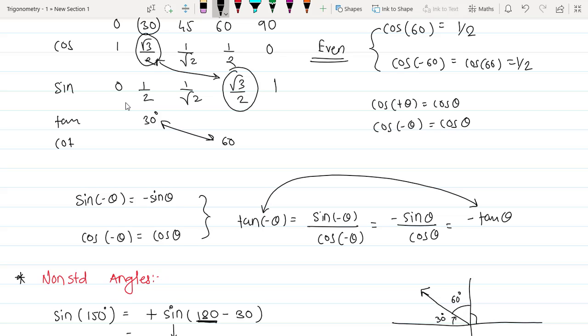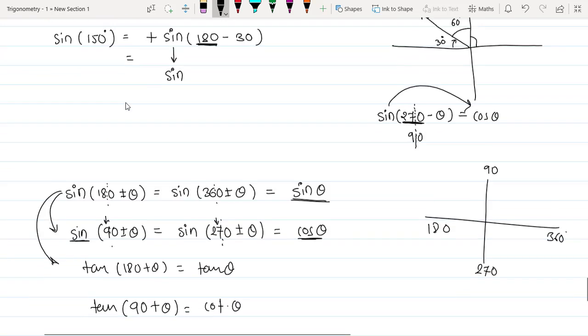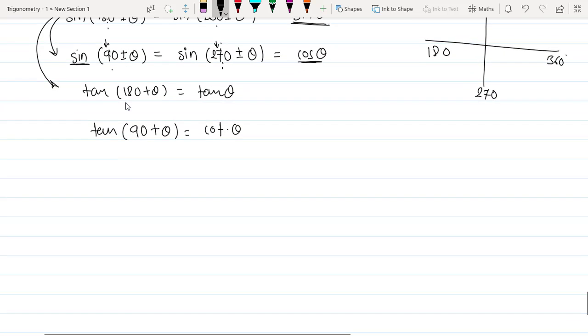These two are always the same for tan and cot. So I say these are the opposite. Sin and cos are opposite. Similarly, sec and cosec are opposite. These are the opposite trigonometric functions. Are you getting this? Okay, good. So tan of 90 plus theta is equal to cot theta.